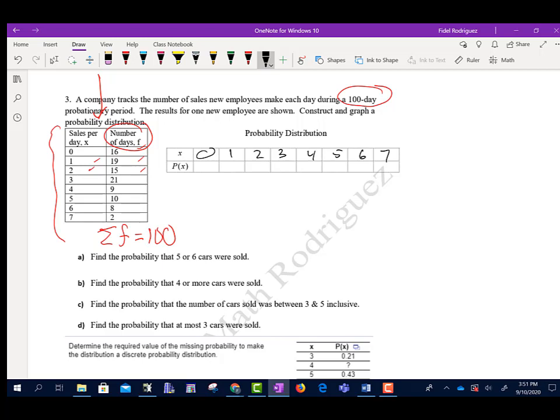Okay. Now we're going to find the probability. The way we find the probability is I'm going to take each of these numbers and divide them by 100.